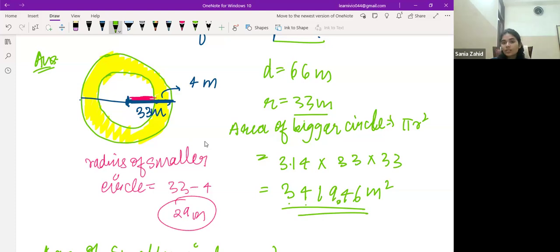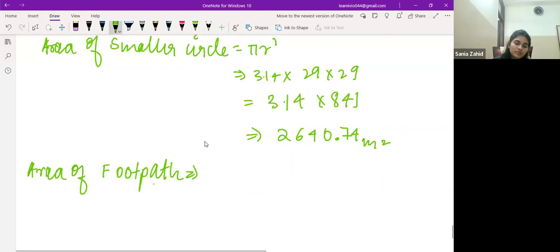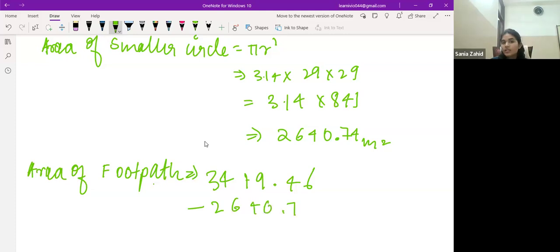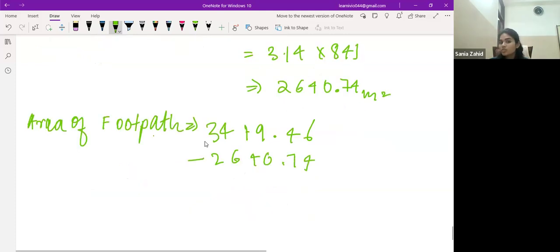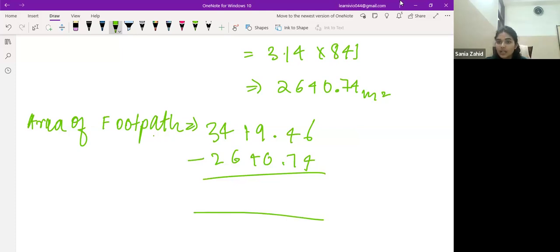So you do 3419.46 minus 2640.74. You always subtract the smaller from the bigger, so bigger number minus smaller number. Subtract and tell me the answer quickly.